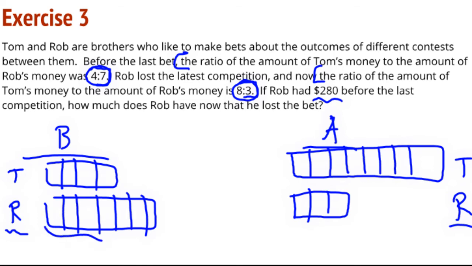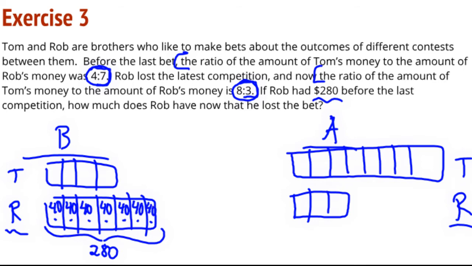So I think the $280 actually goes right there, the before the last competition. Now that I have figured out where this $280 goes, I can say this $280 is split into 1, 2, 3, 4, 5, 6, 7 units, and 280 divided by 7 is 40. So each of these units is worth $40.